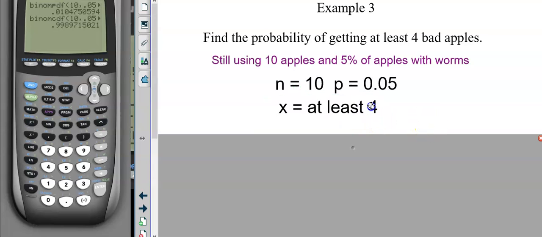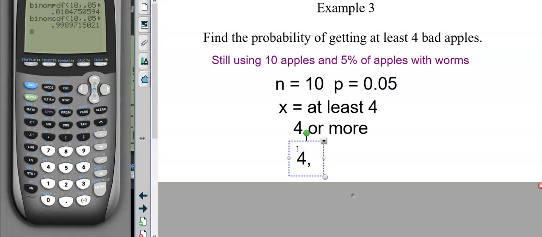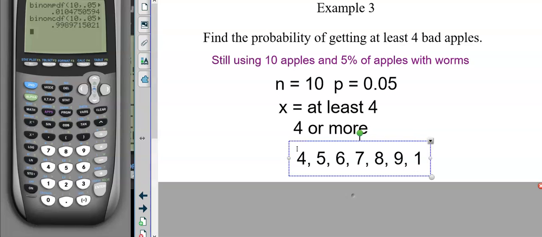With at least 4, that means we're going to have 4 or more. Since there are 10 apples, we're looking at 4, 5, 6, 7, 8, 9, and 10, all those numbers above 4 or more.